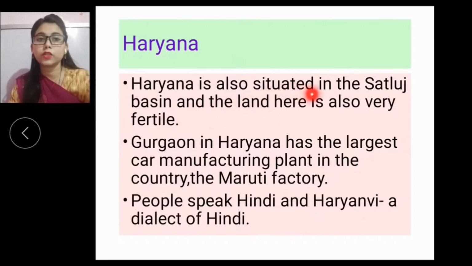Haryana is also situated in the Satluj Basin and the land here is also very fertile. Gurgaon in Haryana has the largest car manufacturing plant in the country. What is that? The Maruti factory. People speak Hindi and Haryanvi. That is a dialect of Hindi.